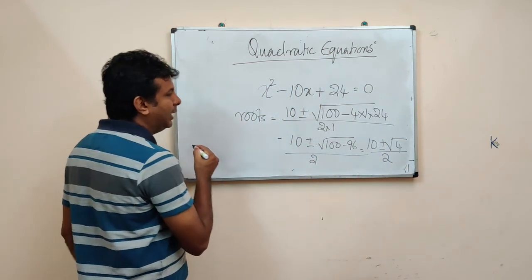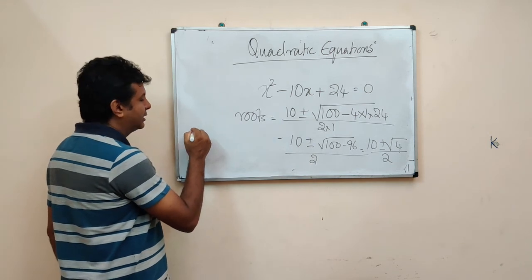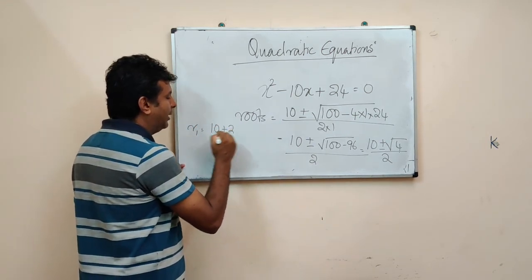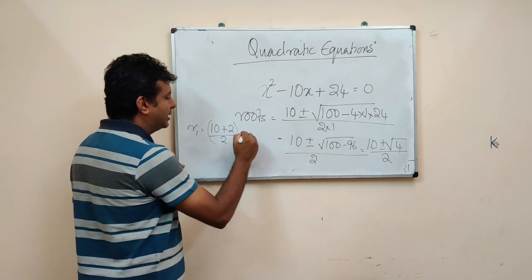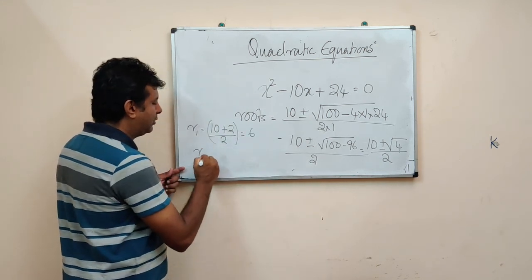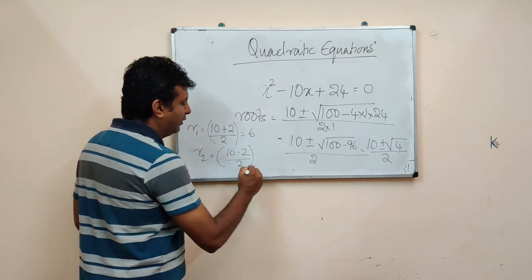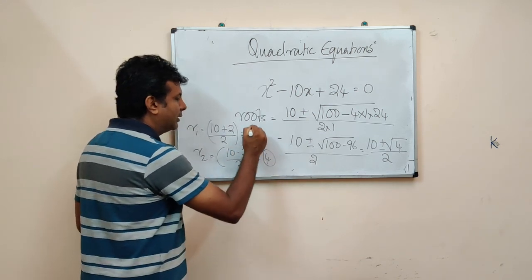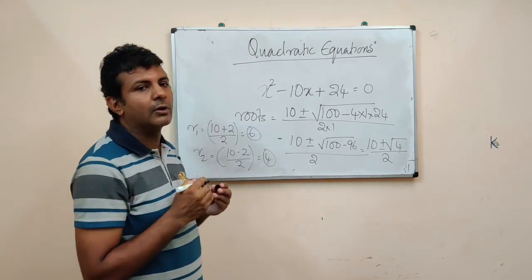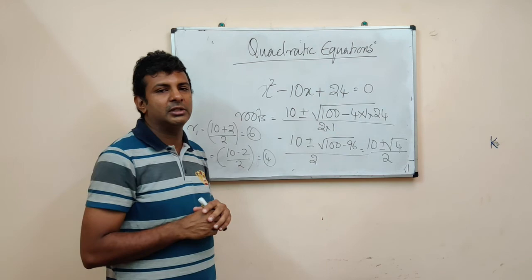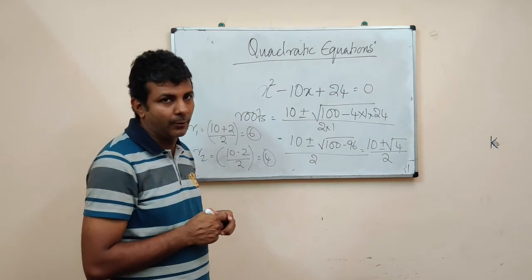And what will that be? There will be two roots. We can call them R1, which will be 10 plus 2 by 2, equal to 6, and R2, which will be 10 minus 2 divided by 2, equal to 4. So these two are the roots of the equation x square minus 10x plus 24 is equal to 0.